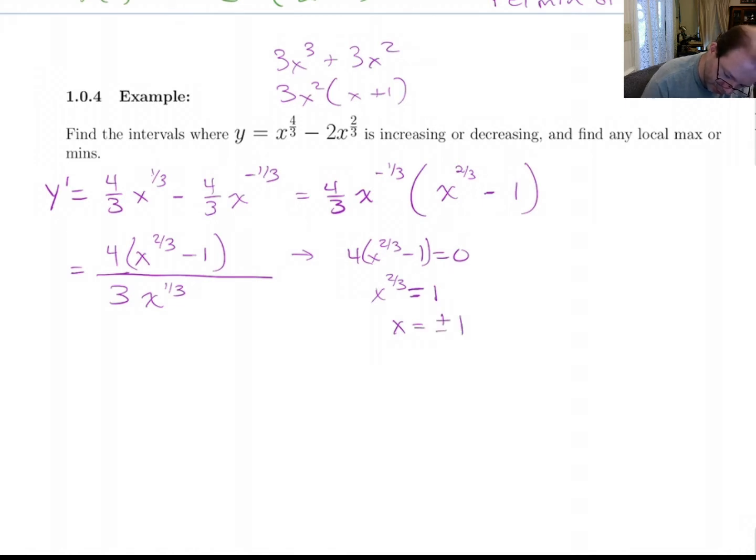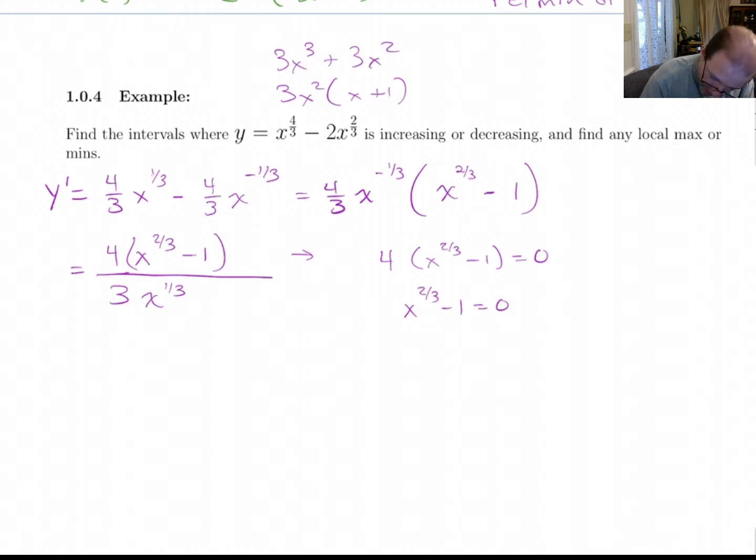Let me do that a little better. You've got 4 times x to the 2/3 minus 1 equals 0. So divide both sides by 4. You get x to the 2/3 minus 1 is 0. Move the 1 to the other side. Now, if you cube both sides of this, you're left with x squared equals 1.